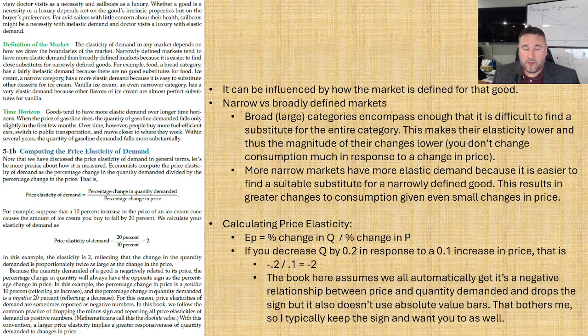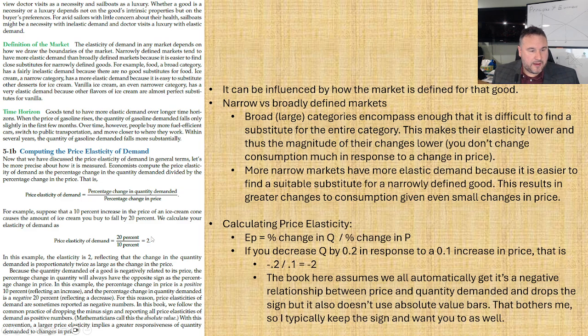That results in a greater response or greater changes to consumption for even a small change in price. So we calculate price elasticity, like I said, the percentage change in quantity demanded over the percentage change in price. So if you're given these percentage changes, it's pretty easy.